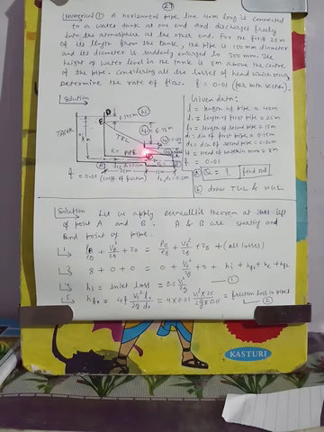So one line will be parallel to this, and these two parallel lines will come here and one here. So the hydraulic gradient line is your assignment for this problem. Okay, the total gradient line I have drawn here, and the hydraulic gradient line is your assignment.